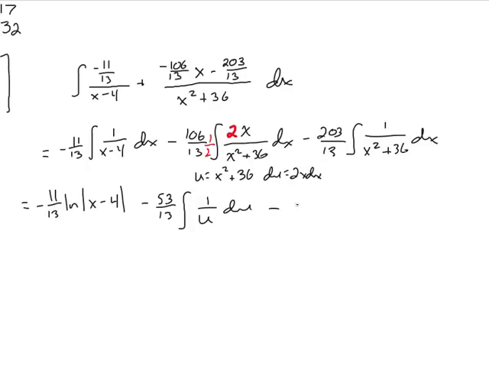And let's talk about what we're going to do with this guy here. I'm going to put the 203 over 13. All right, so what I want to do is this looks a lot like an arctan. I'm going to show you how we can make it an arctan. What I'm going to do is multiply on top and bottom by 1 over 36. And realize for the bottom that does distribute.